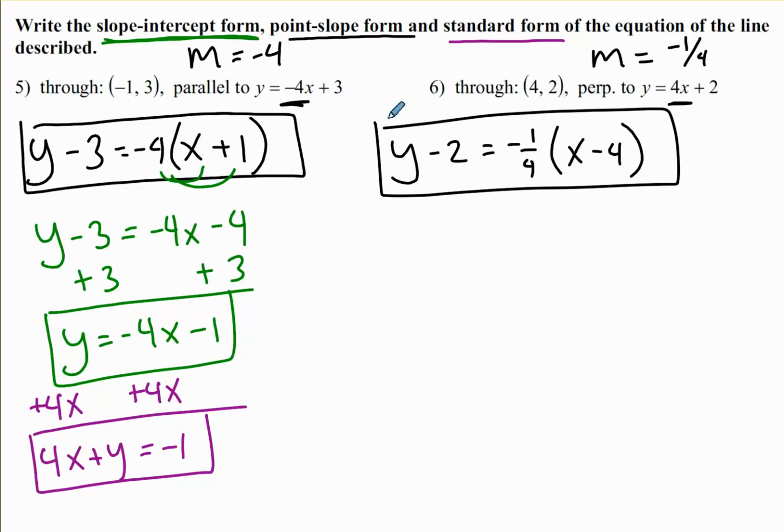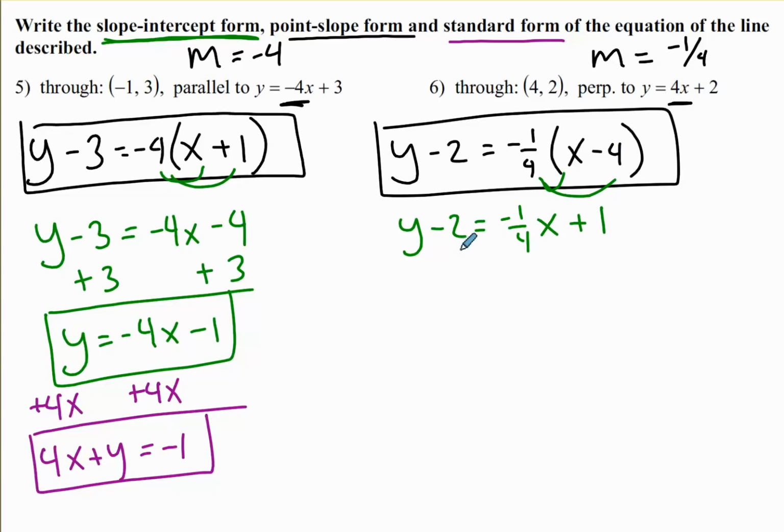There's point slope form. Then we'll change it to slope intercept form by distributing a negative 1/4. So y minus 2 equals negative 1/4 x. And negative 1/4 times negative 4, well, my 4's will simplify, and we'll get positive 1.